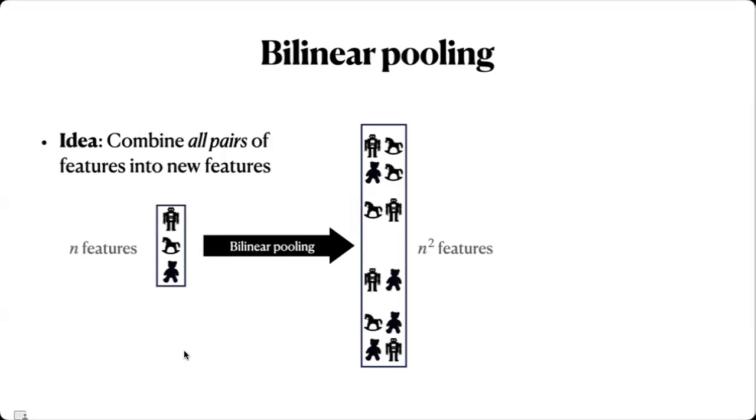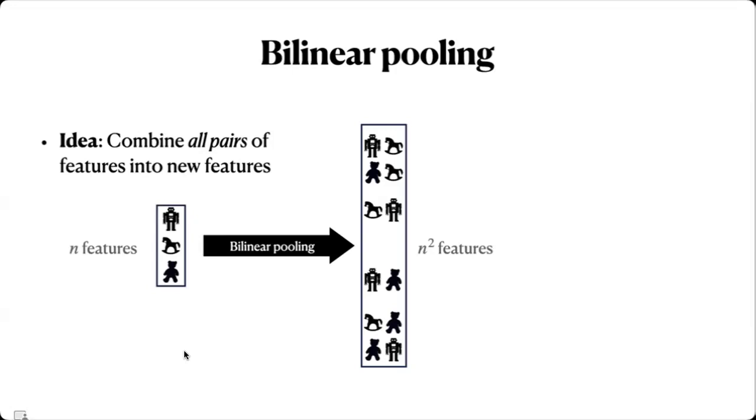There is a technique used in some machine learning algorithms called bilinear pooling. It may have other names as well, but the basic idea is very simple. We basically want to combine all pairs of features into new features. So this is an outer product operation, basically.